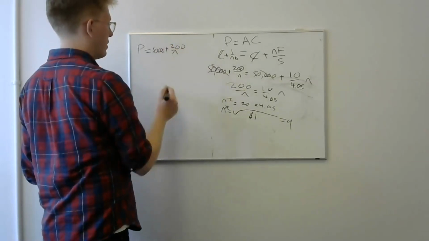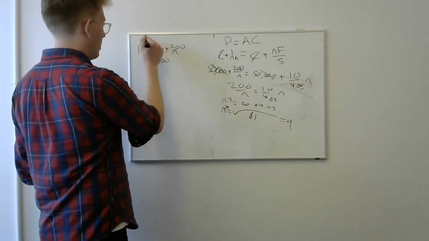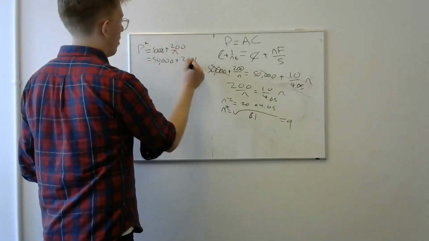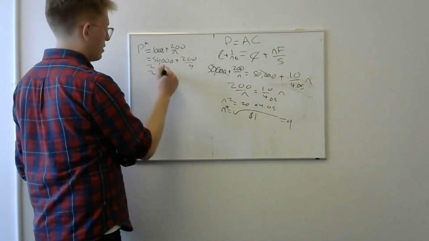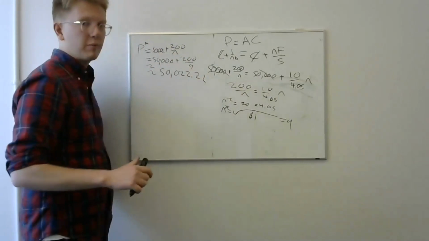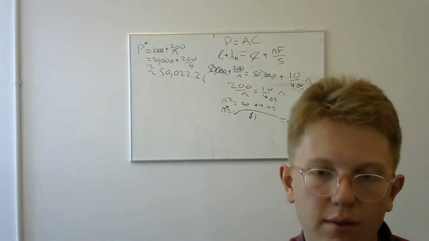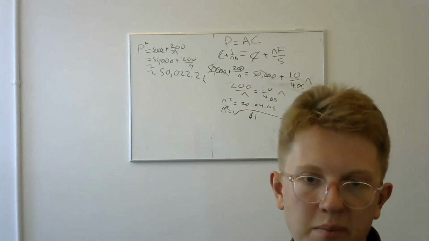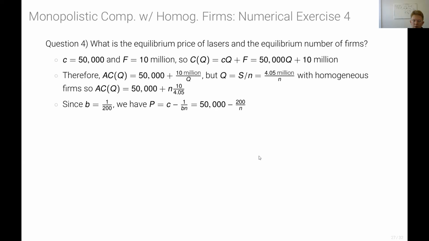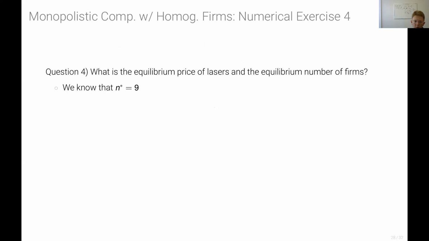Okay, so now we're just going to plug in 9 here, and what we'll get is that our equilibrium price will be 50,000 plus 200 over 9, which is approximately this number. Okay. So that's how we'd solve in a case like this for what the equilibrium price and number of firms are. And so this is just listing out all of that math.